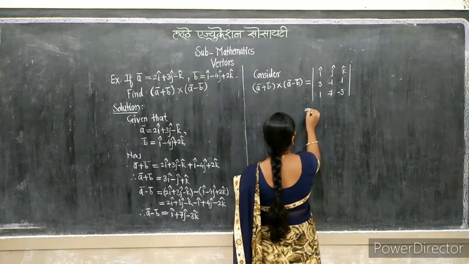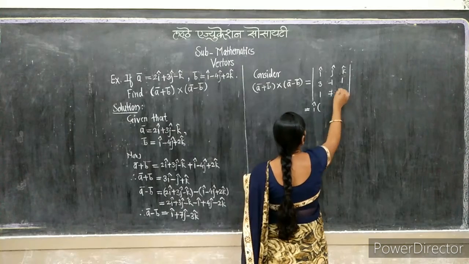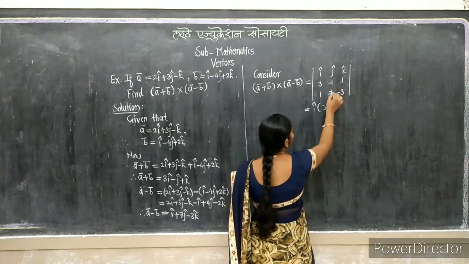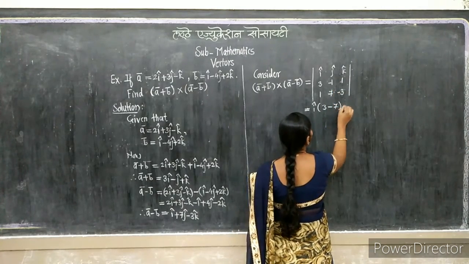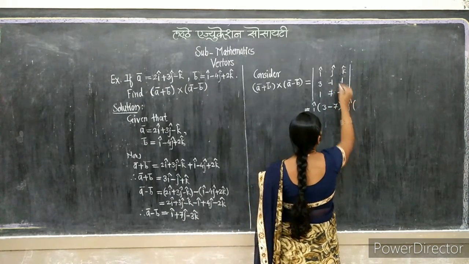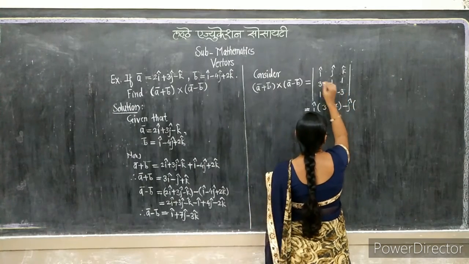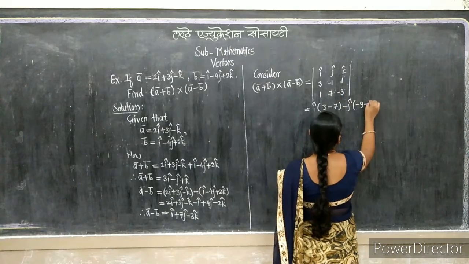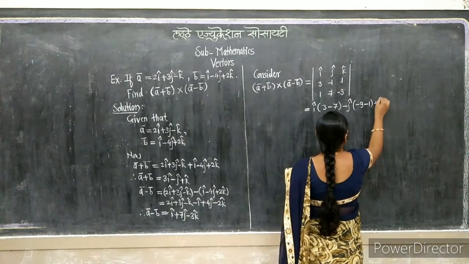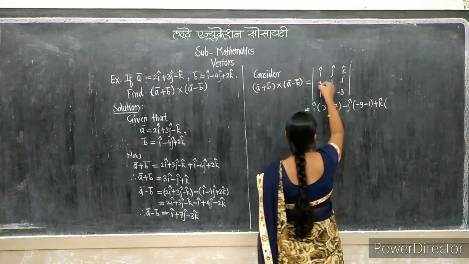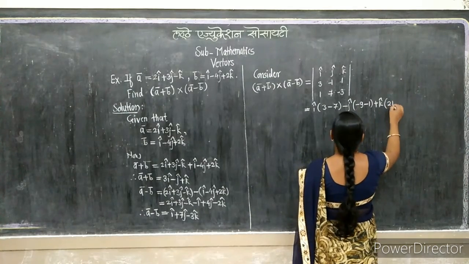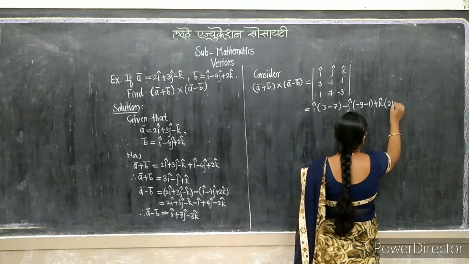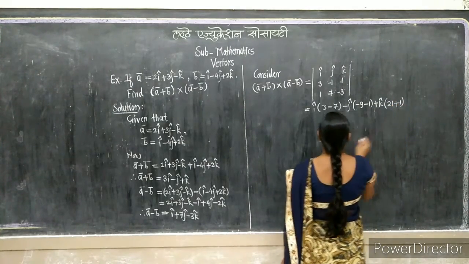Solve this determinant. i cap in bracket: plus 3 into 1 is 3, minus 1 into 7 is 7, minus j cap in bracket: minus 3 into 3 is minus 9, minus 1 into 1 is 1, plus k cap in bracket: 7 into 3 is 21, 1 into minus 1, and this minus makes it plus 1.